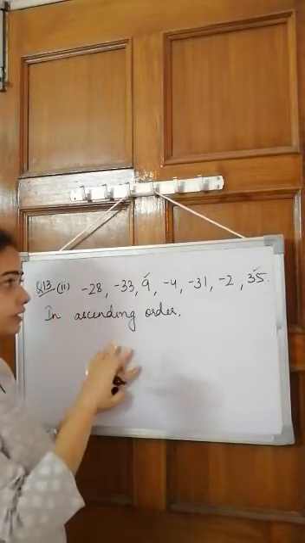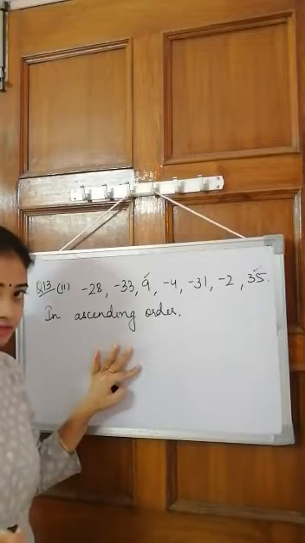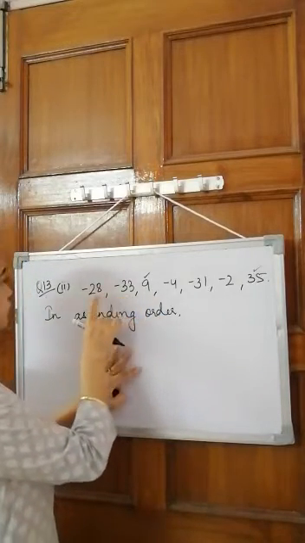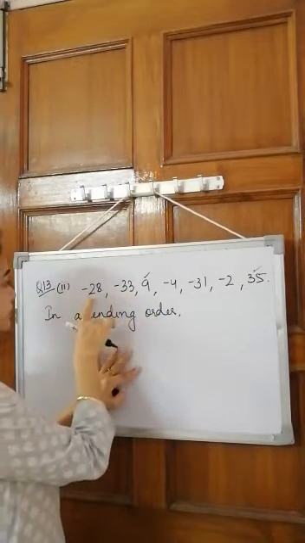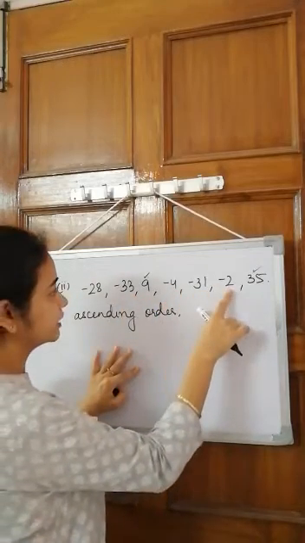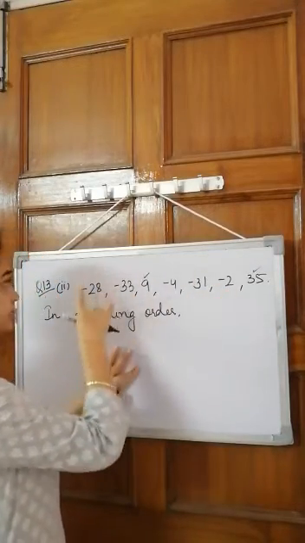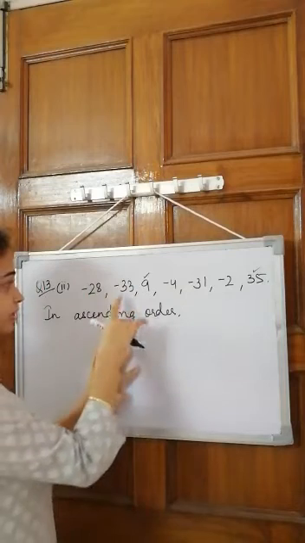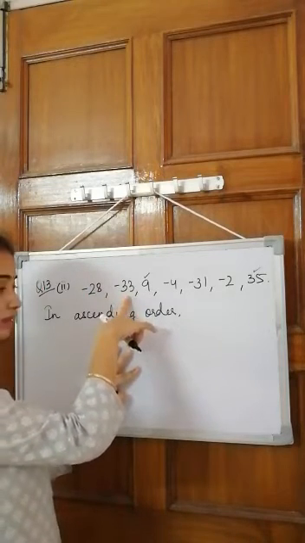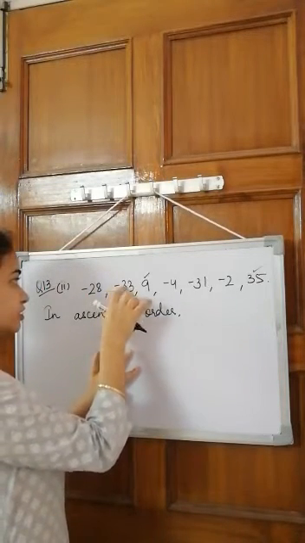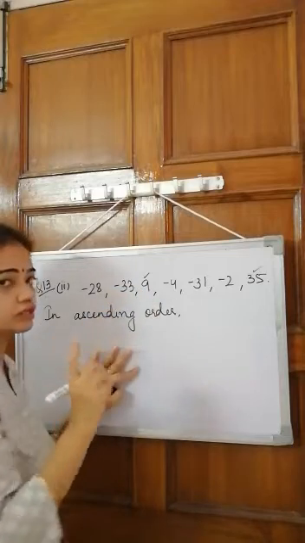In the case of negative numbers, things get opposite. If I see only the numbers 28, 33, 4, 31, 2, and look at the numerical value, 33 is the bigger number, and a negative sign in front of it makes it the smallest one.